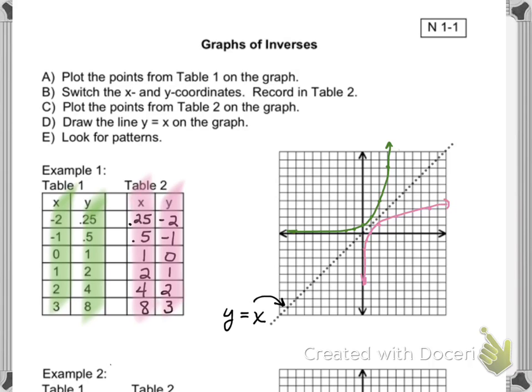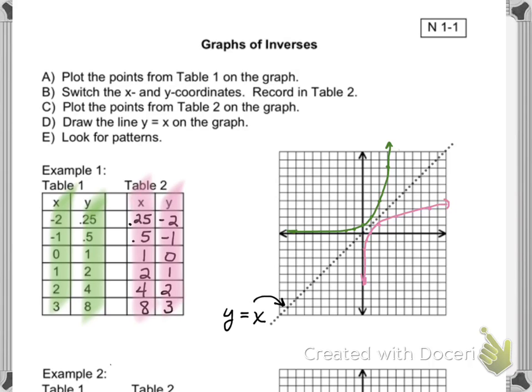Now look for a pattern. Take a minute. See what you see. Can you tell anything about these curves in relation to the line y equals x? And hopefully, since this is a recording, I'm not going to spend a lot of time, but hopefully you can see that these are reflections. Okay?